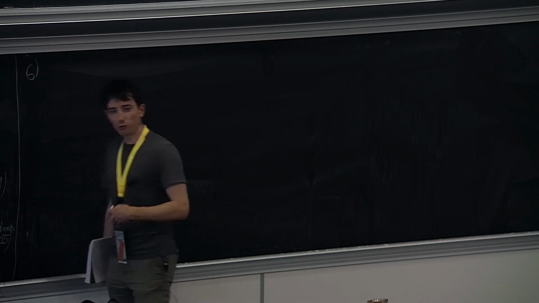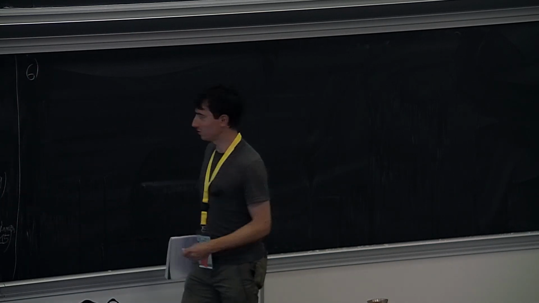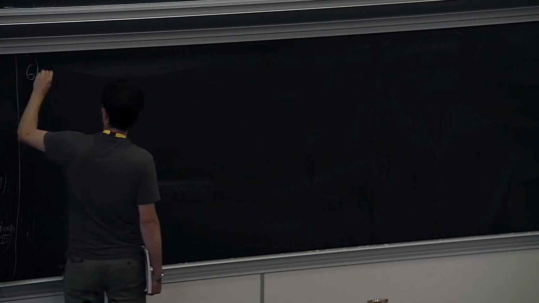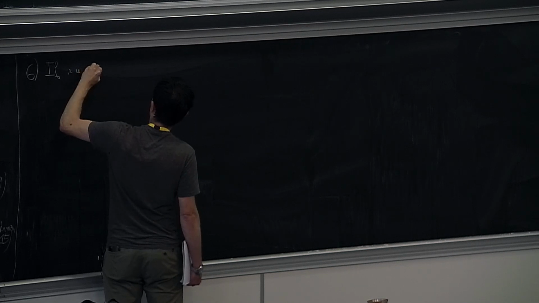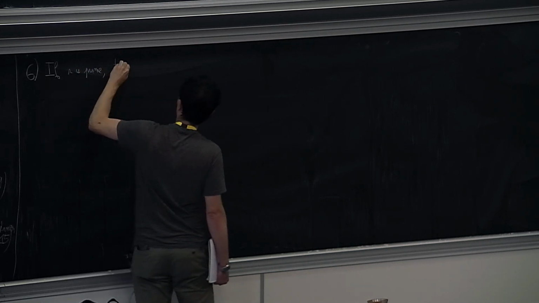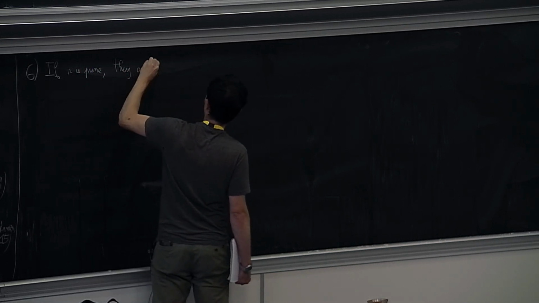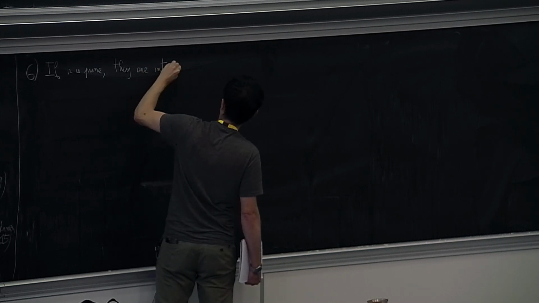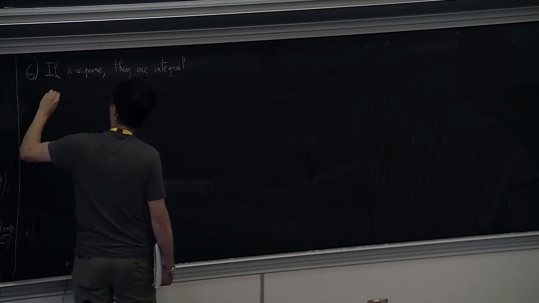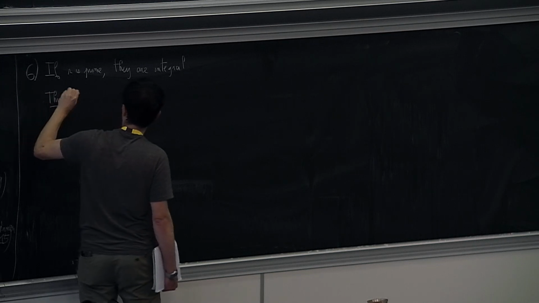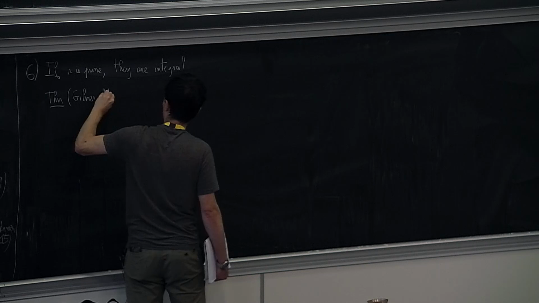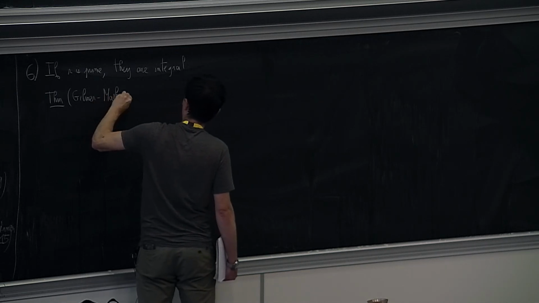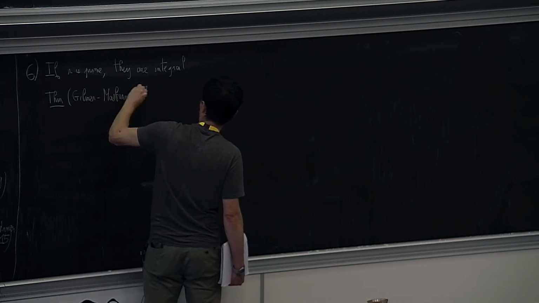Again, when r is prime, we have extra properties that we're able to find. So if r is prime, they are integral representations, meaning, it's a theorem by Gilmer and Masbaum from something like 2007.